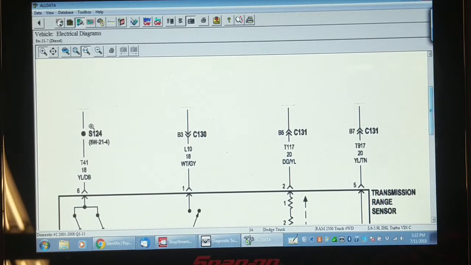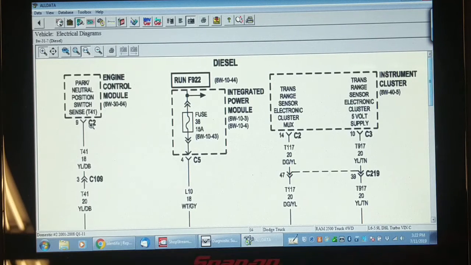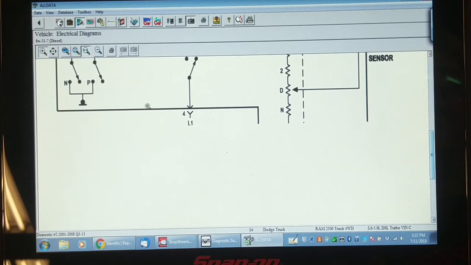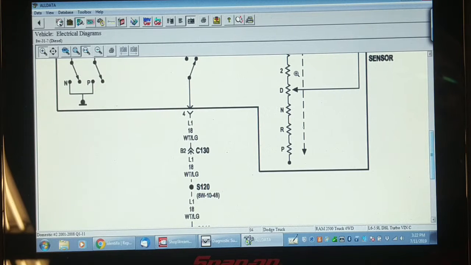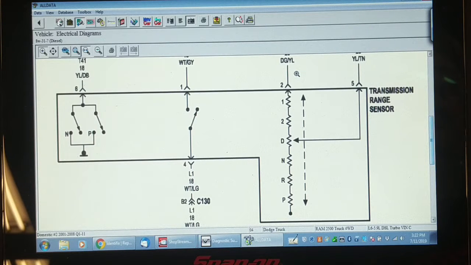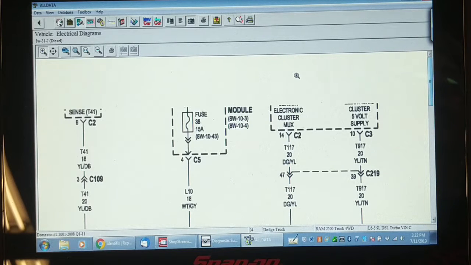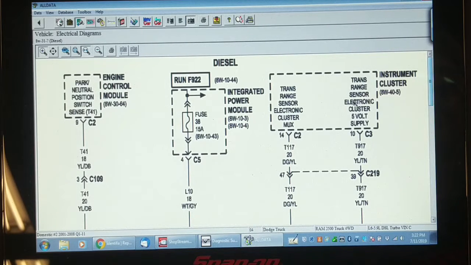So this input is simply telling the engine control module that it's not in park or neutral. Then there is another stepped resistance in that range switch that is an input to the instrument cluster, and that's what the instrument cluster uses to detect what manual lever position you place the gear shift in.